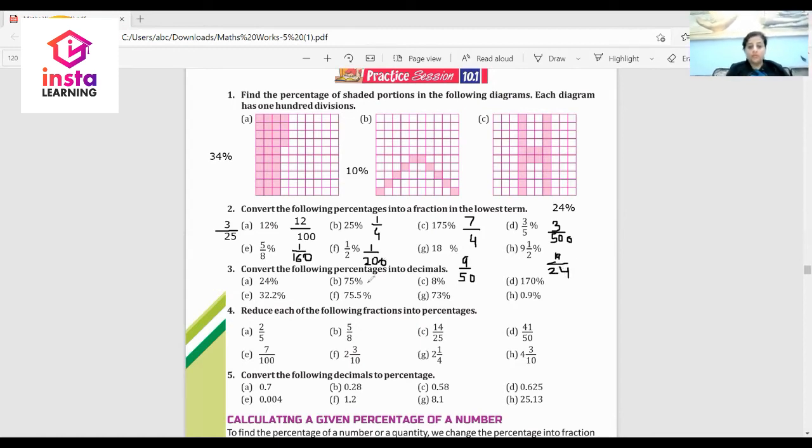Now if we want to make it a decimal, you just think that 1 is the decimal and 2 zeros are behind it.